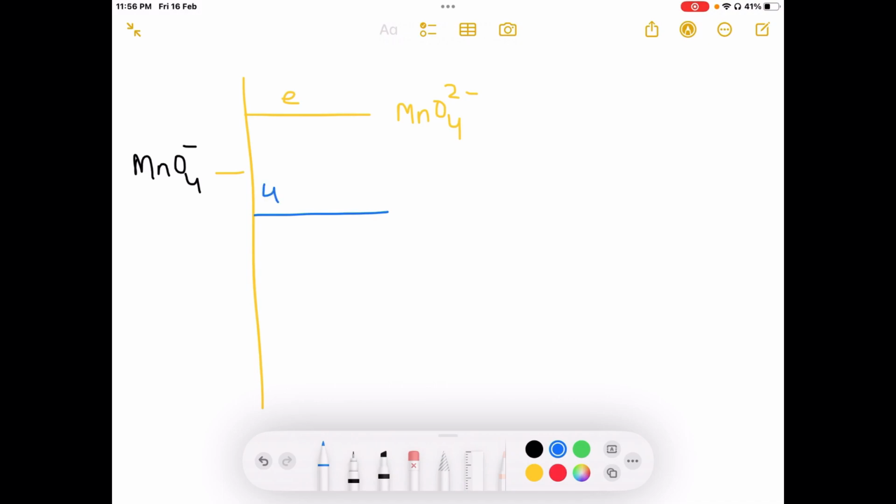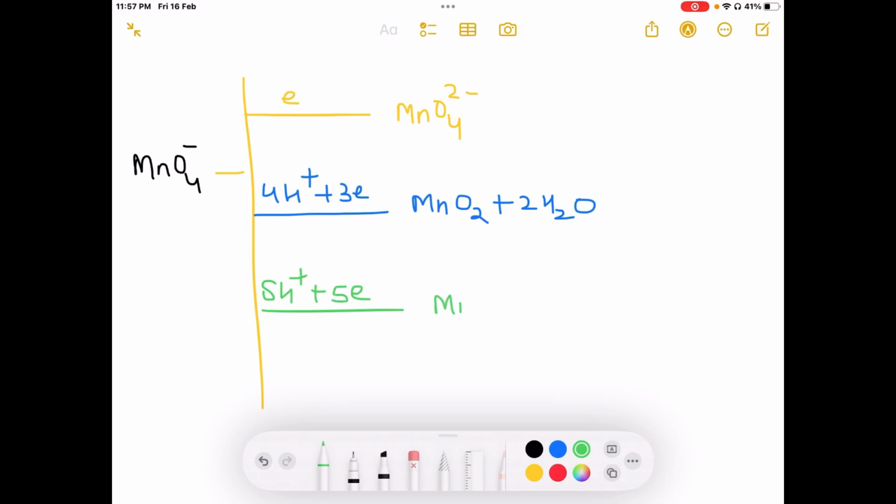If there is a transfer of 3 electrons, then this permanganate ion changes to MnO2. And in case of a change of 5 electrons, it changes into Mn2 plus. The more the transfer of electrons, the more powerful the oxidizing action.